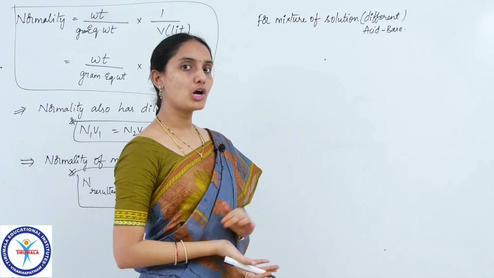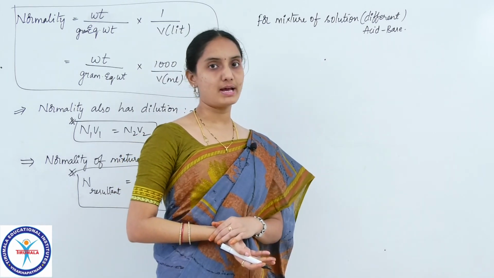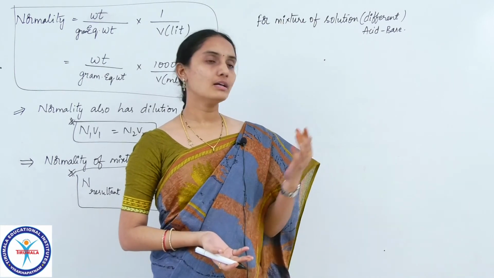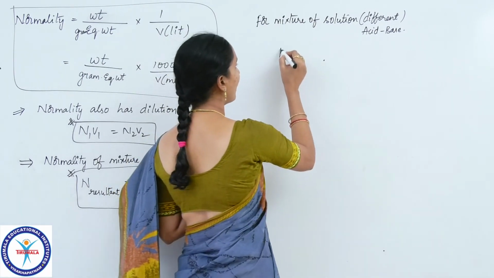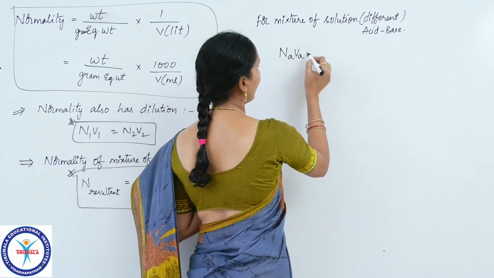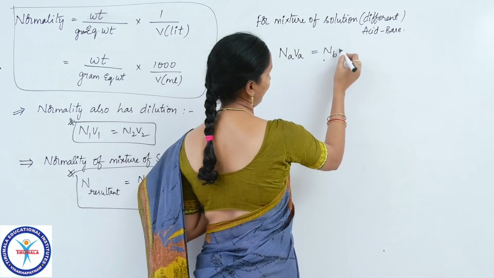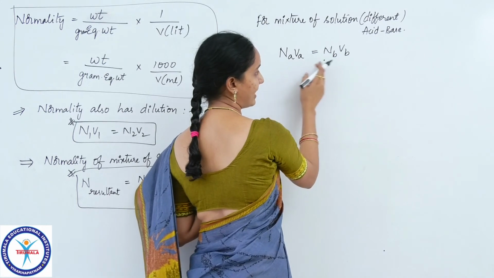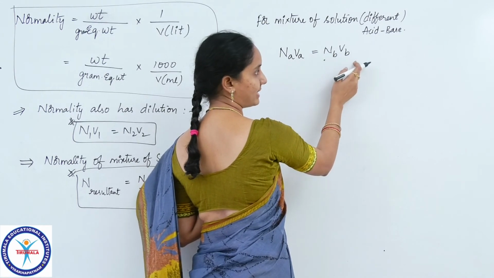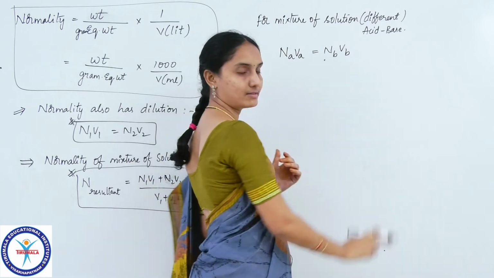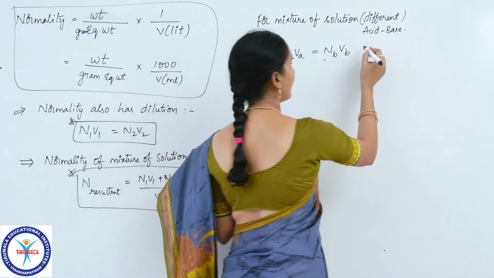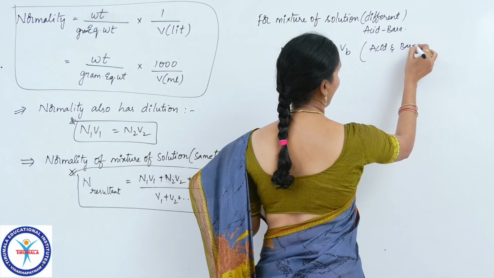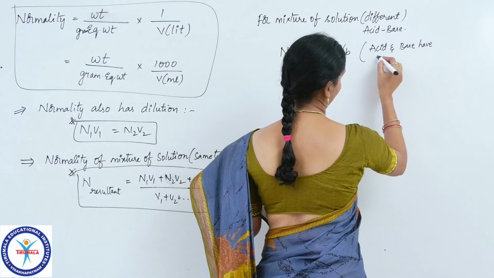If both the normalities are the same, that is acid and base of equal strength, then you can use the formula NaVa = NbVb. That is, normality of acid into volume of acid is equal to normality of base into volume of base, when both acid and base have equal strengths in terms of normality.